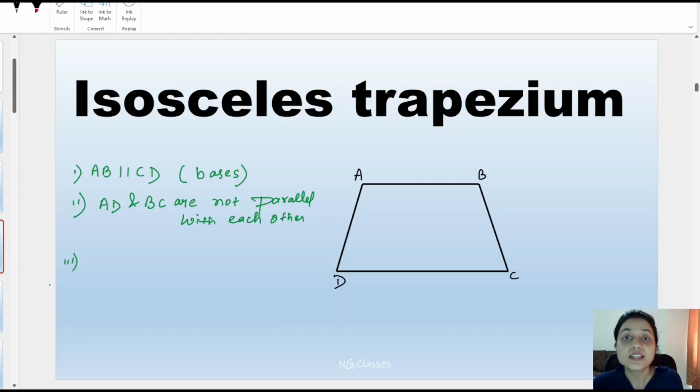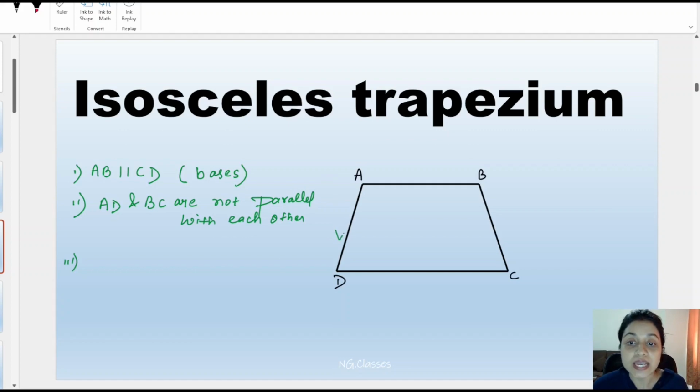Apart from that, since the name is isosceles, we have learned about the isosceles triangle where two sides of the triangle are equal. Here, the legs of the trapezium will be equal to each other. As we know, non-parallel sides of a trapezium are known as legs of the trapezium.